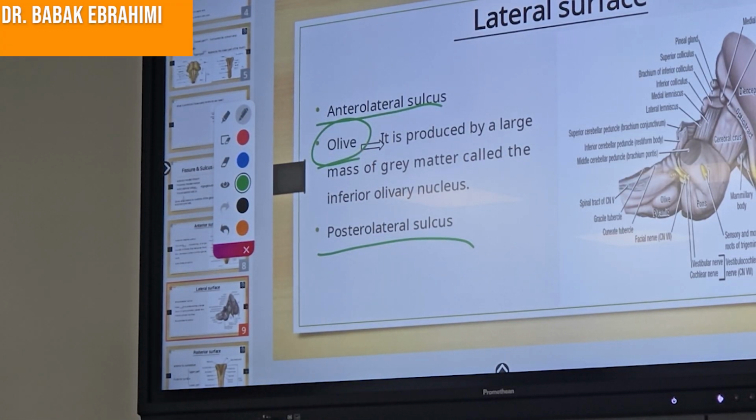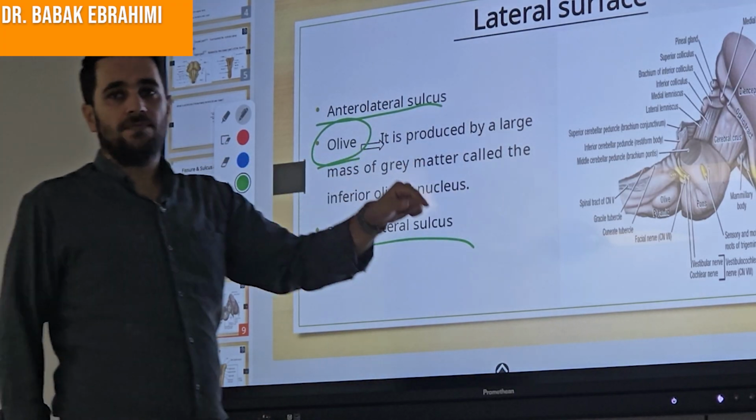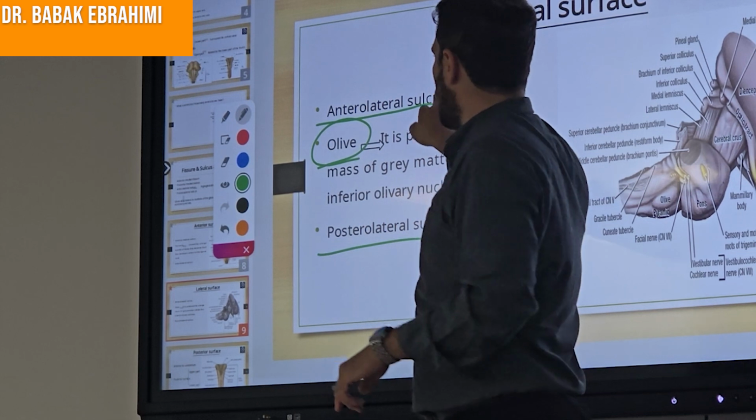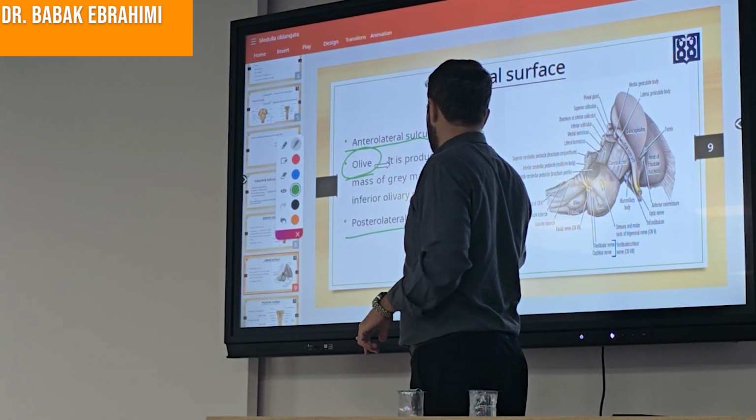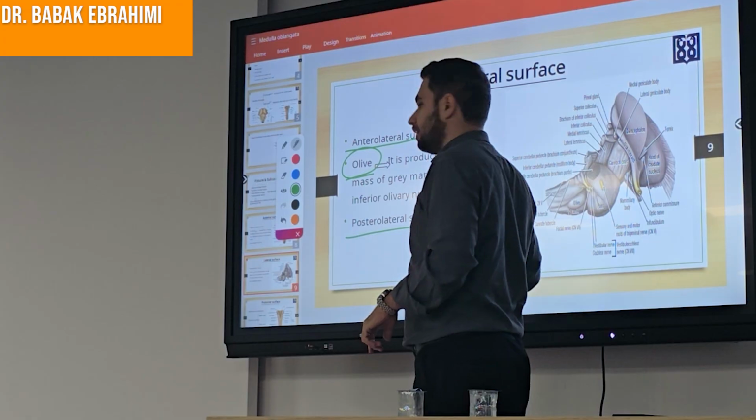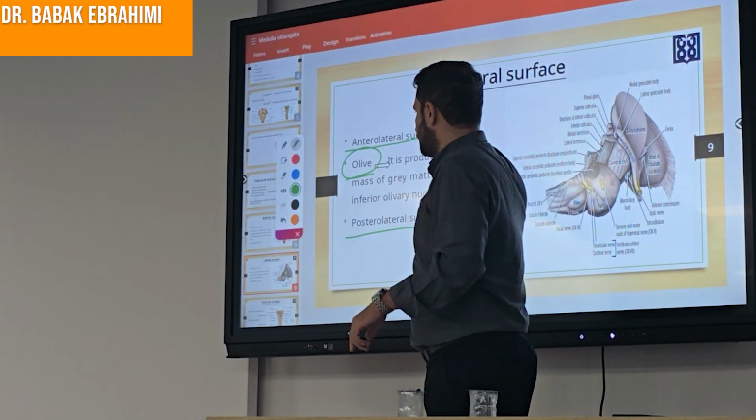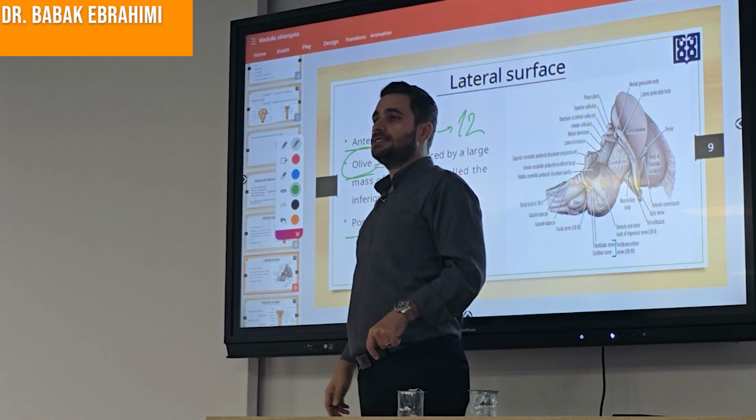For example, I am standing here, you are seeing the anterolateral sulcus and posterolateral sulcus, and my hand is what we call the olive. Thank you, sir. Anterolateral is for passing number 12, posterolateral for number 9, number 10, and number 11. Between them we have the olive.